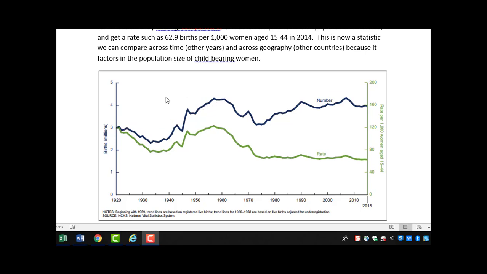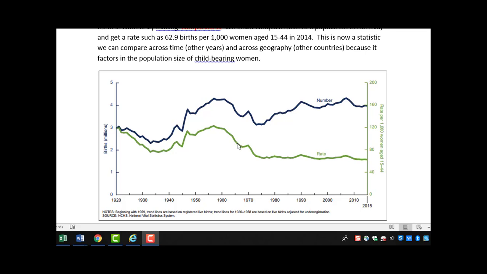There was 4.5 million births in 1960. Down here, there was about 4 million births in 2015. That's the number. Notice the number was going up and has been going up since about 1975, the number of births, but yet the rate is going down. It's been going down since the 1960s.